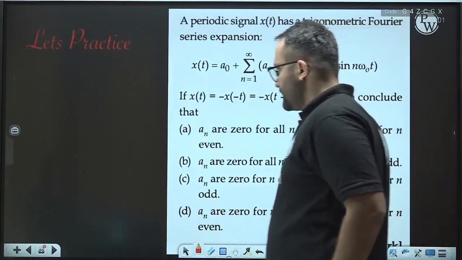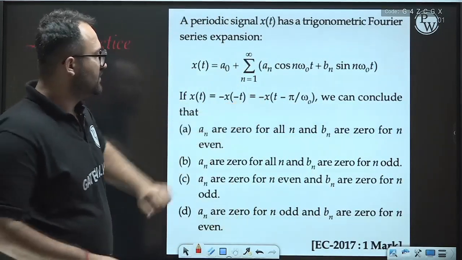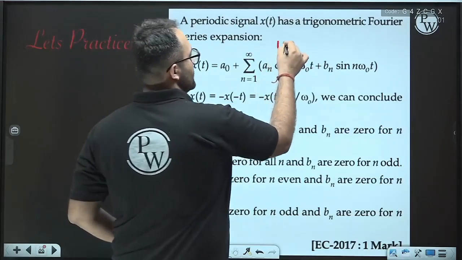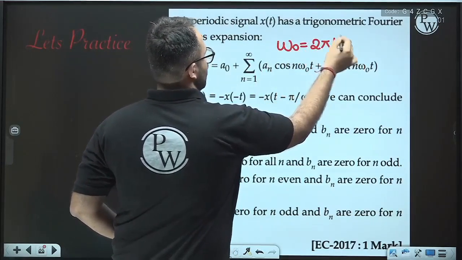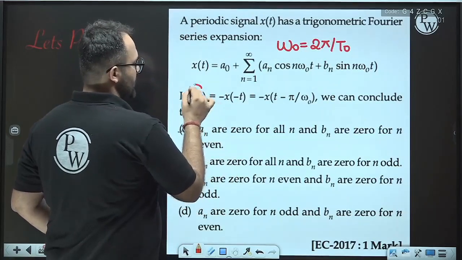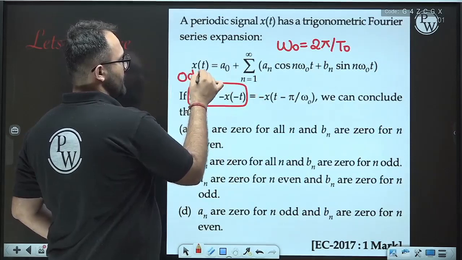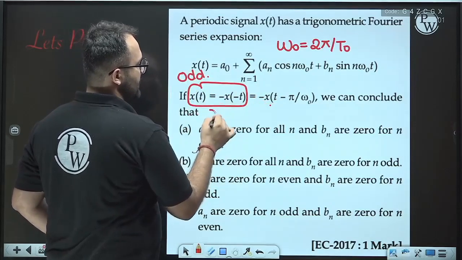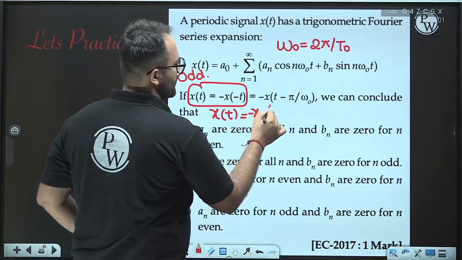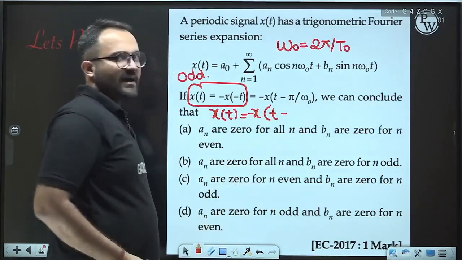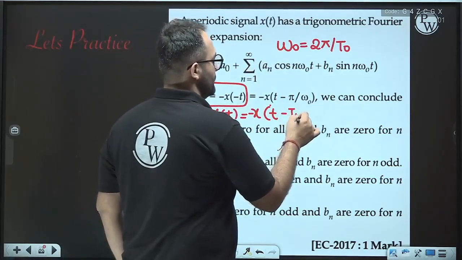Okay, this question. We can see that omega naught is equal to 2 pi by time period. So here it is given that it is odd, and from here it is given that x(t) is equal to minus x(t minus pi by omega naught). We can see that pi by omega naught is T0 by 2.